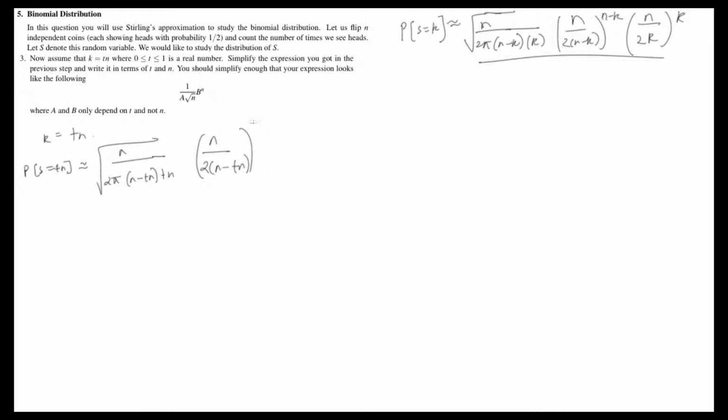tn to the n minus tn times n over 2 times tn to the tn. So the n's get cancelled there, the n's get cancelled there, we have an n which gets cancelled there.